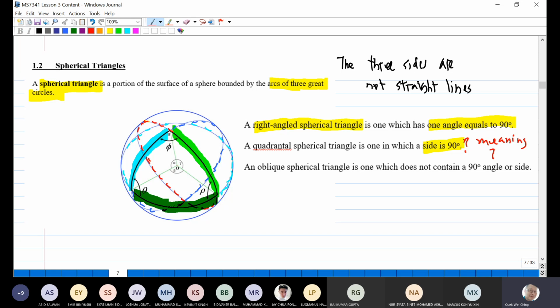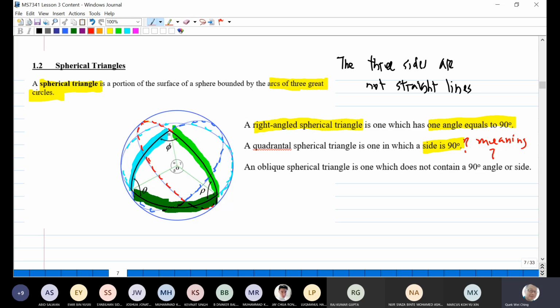In this case, we say that this is a quadrantal spherical triangle. If one side is 90 degrees, I will talk about this later.